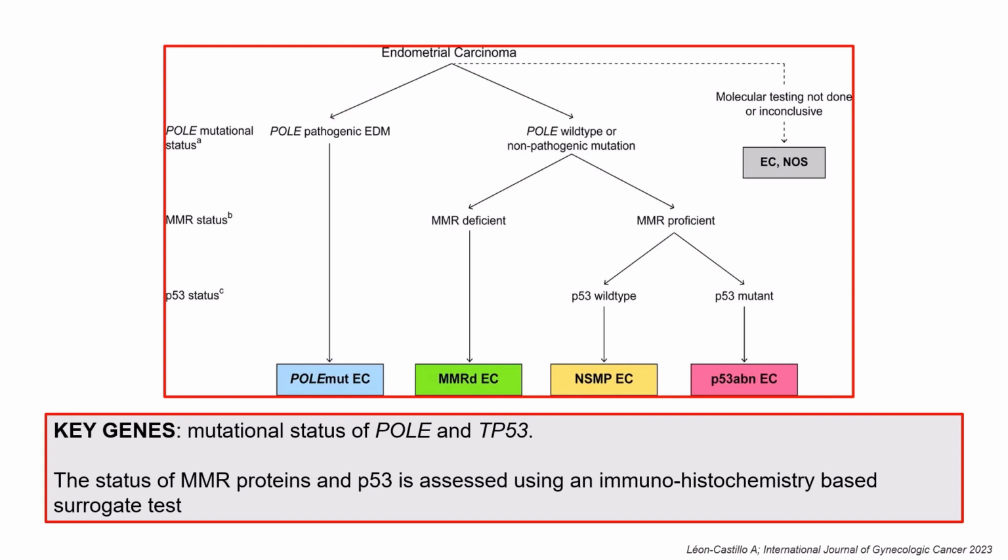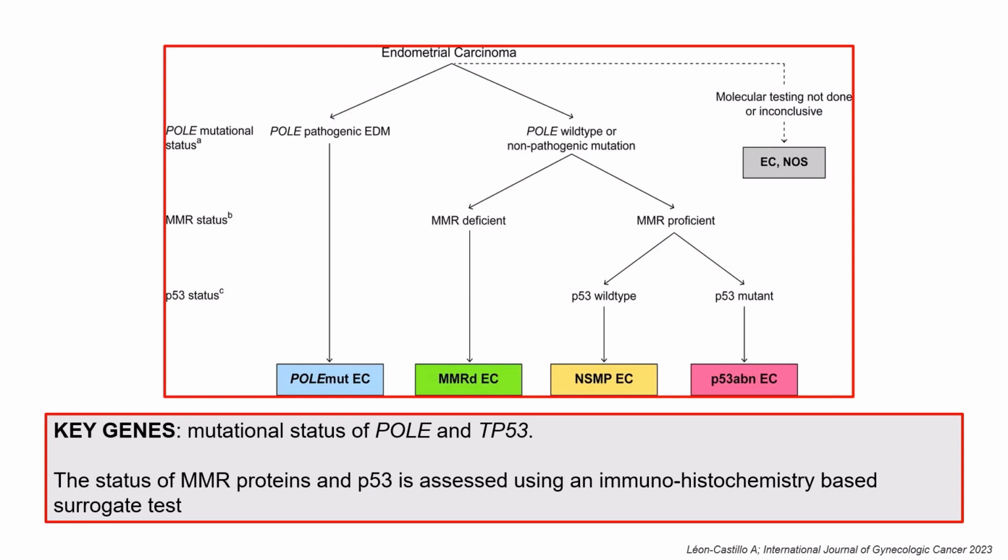TP53 is a tumor suppressor gene commonly mutated in cancer, including aggressive forms of endometrial cancer. TP53 mutations are often found in the copy number high subtype and are associated with genomic instability, poor prognosis, and resistance to standard therapies.